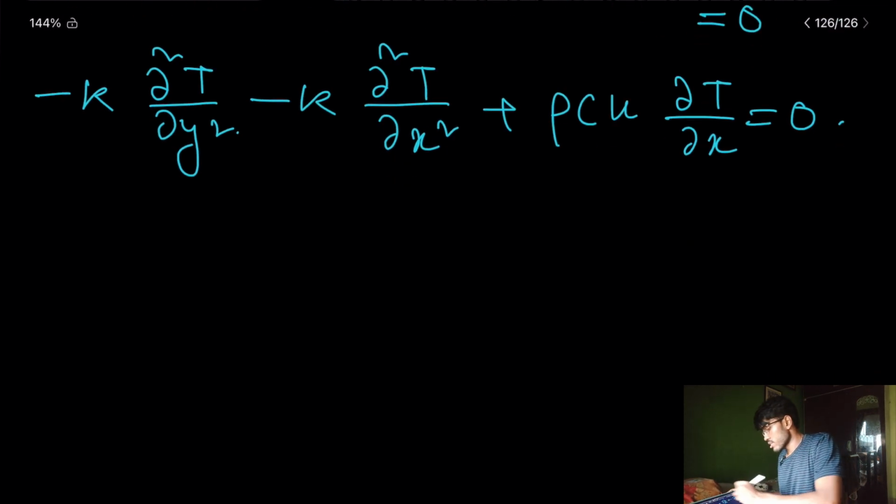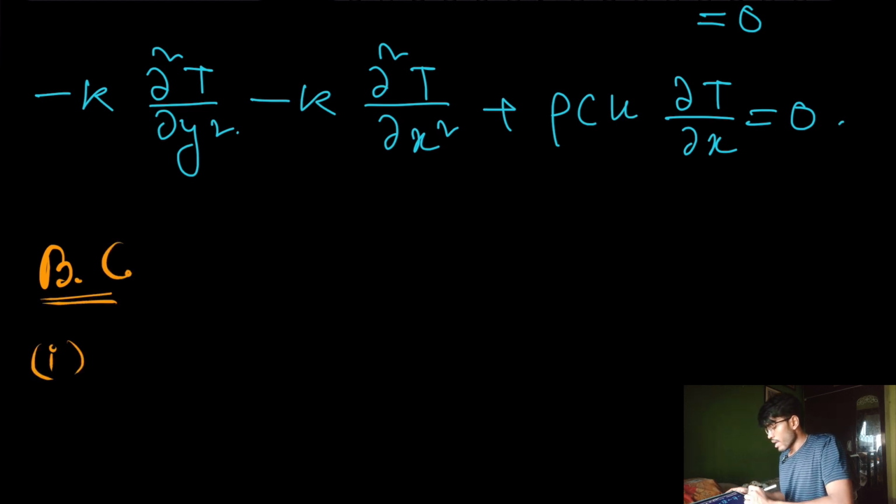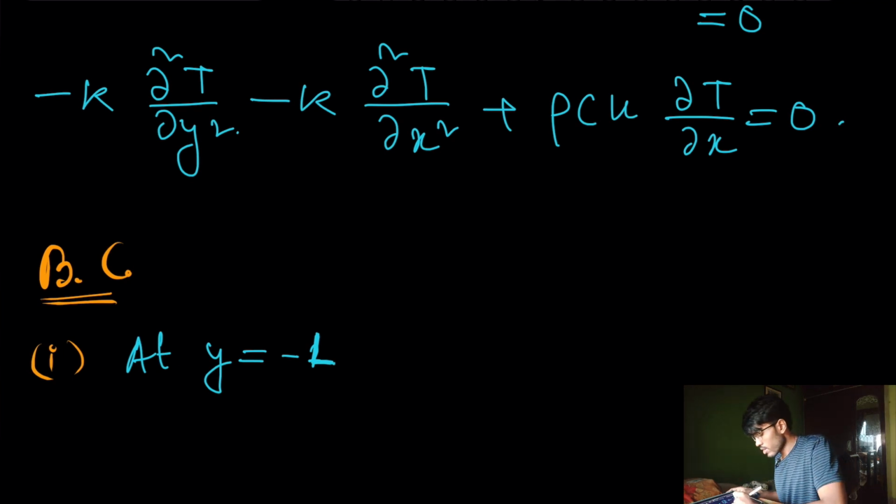And what is the boundary condition? You need 2 boundary conditions for x, 2 for y. So at y equal to minus L, you can write minus k del T del y.